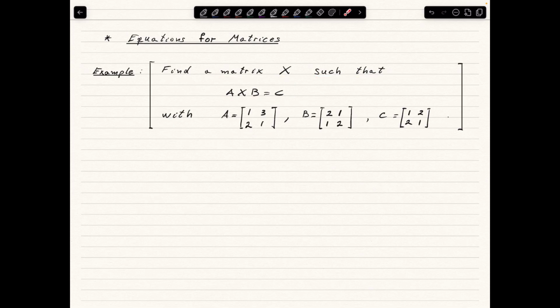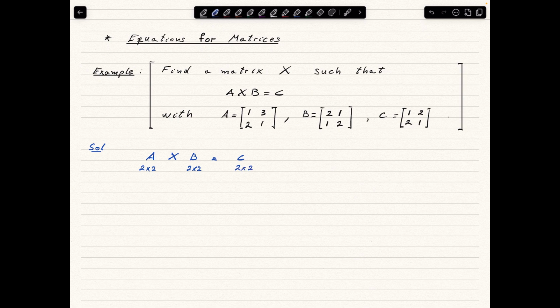The first thing we should figure out is what is the size of this matrix. It's obvious that it's going to be 2 by 2, but let's double check that. Solution. So we have an equation that is matrix A multiplying matrix X multiplying matrix B, and all that has to be matrix C, and we know that this is 2 by 2, this is 2 by 2, and this is 2 by 2.